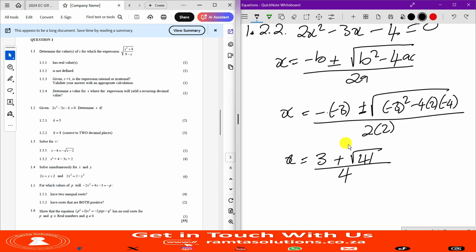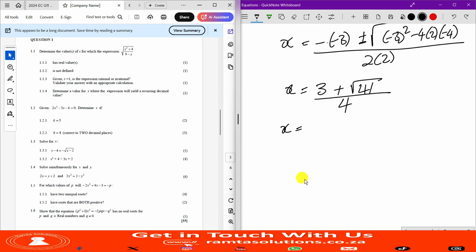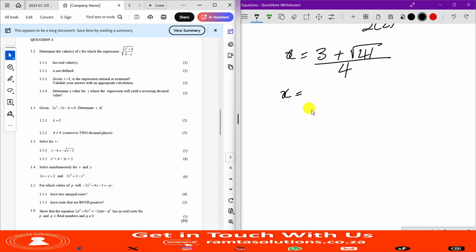Now proceeding, we say 3 plus square root of 41 over 4. What do we get? We get x equals 2.35. Or, now let's change, at 3 minus square root of 41 all over 4, we get x equals negative 0.85.